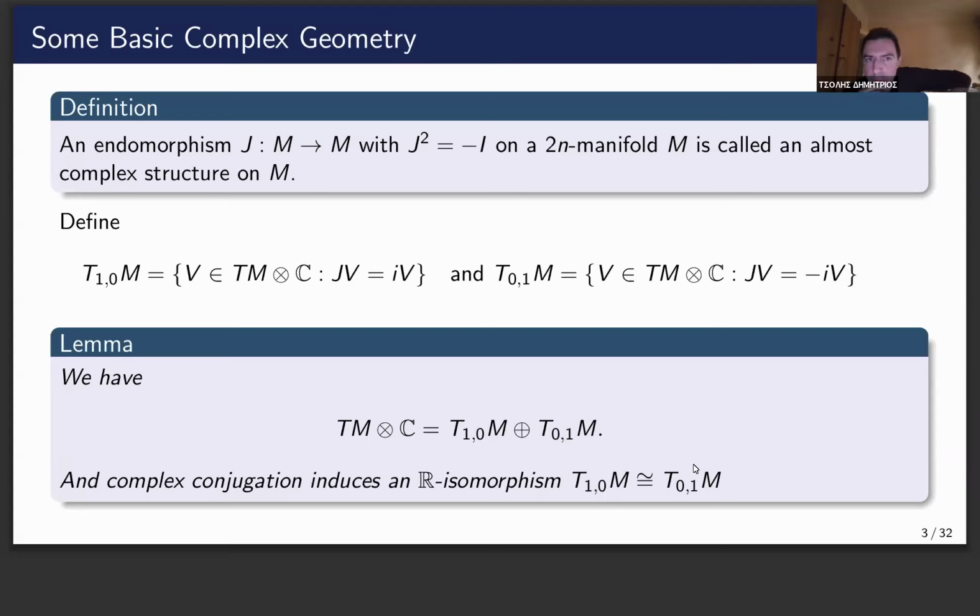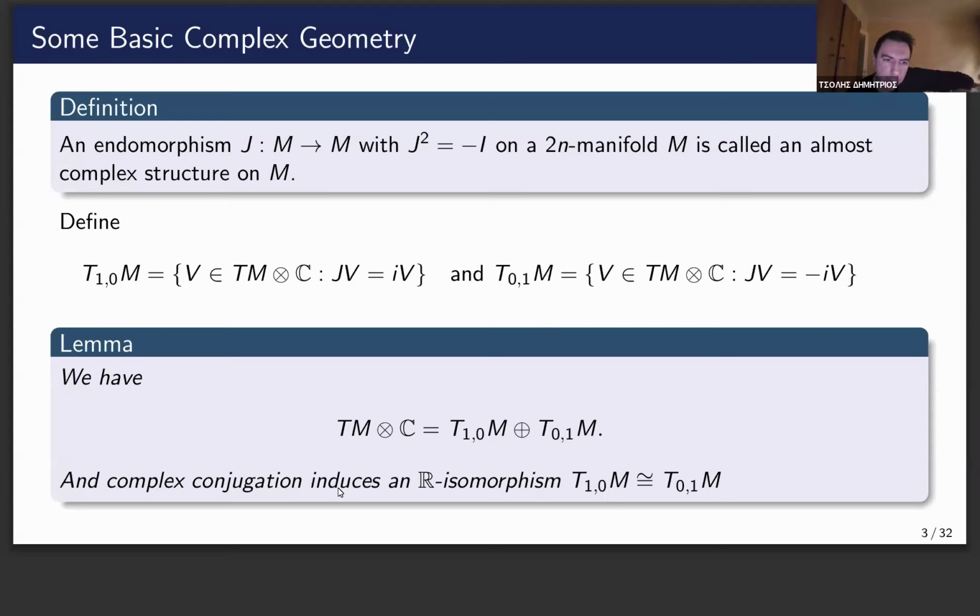This is a decomposition of the complexified tangent bundle. It's just the tangent bundle of this manifold tensor the complex numbers. So essentially, it's an analog of the real tangent bundle, but for complex coefficients. And this splits as a direct sum of the holomorphic and the anti-holomorphic tangent bundles.